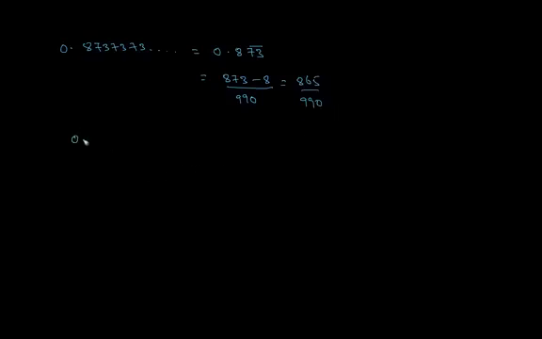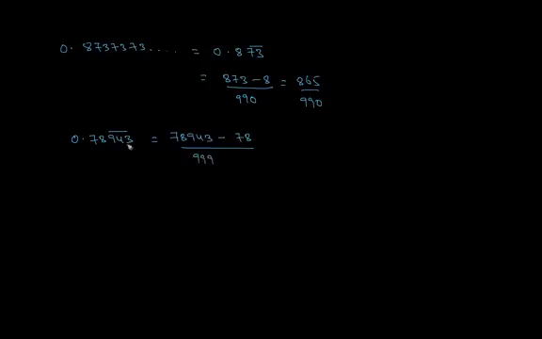In another case, 0.78943 bar, right? Tell me the answer. 78943 minus 78 by... the bar is for how many digits? 3 digits.